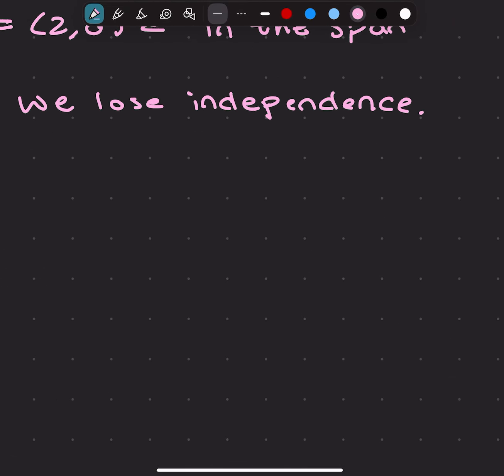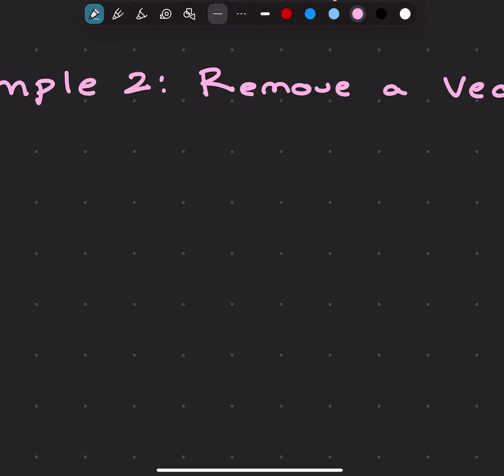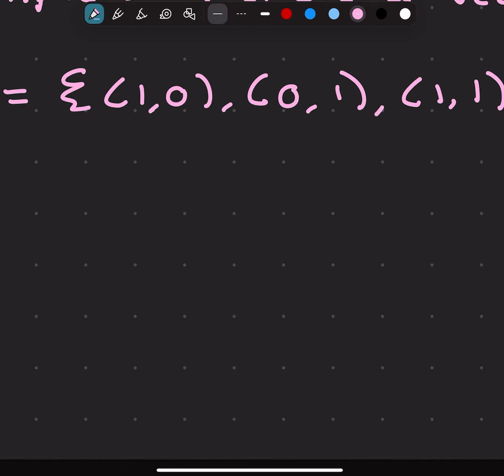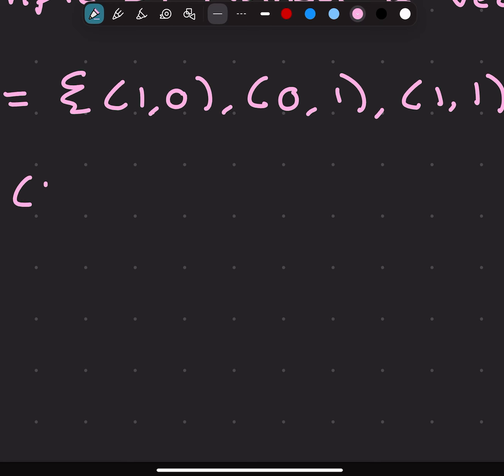The second little example, we're going to remove a vector. Let's say we have a set S equals (1, 0), (0, 1), and (1, 1). We see that the point (1, 1) can be made by adding (1, 0) and (0, 1).